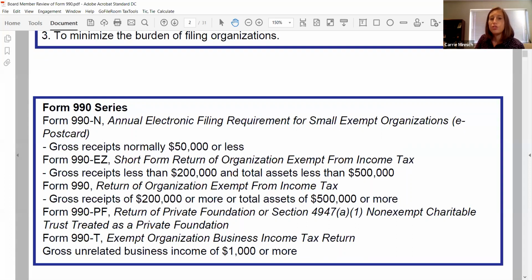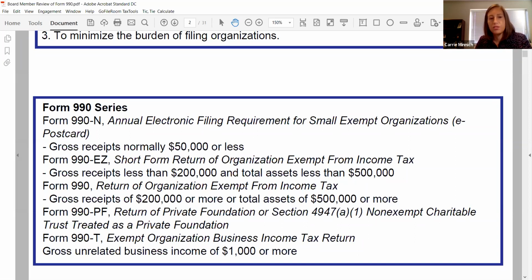So the first thing that you should look at when you're reviewing your 990 is making sure that you are filing the correct form for your organization. Now, if your organization is a private foundation, you would file the 990-PF. And if you have any unrelated business income of $1,000 or more, you would have to file an additional return called a Form 990-T.